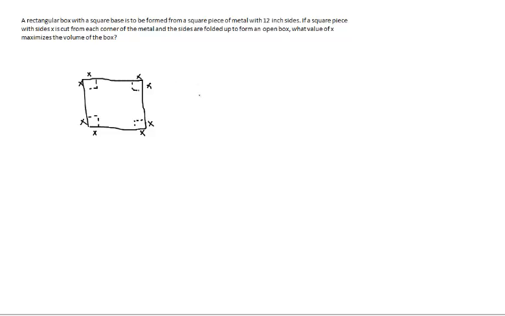So the first thing we're going to do is create our volume function. So volume is equal to length times width times height. Now if we look at one of these sides, they told us that it was 12 inches from side to side. Now if we look at it, we need to subtract out 2 x's on this side, because that's going to be the height.